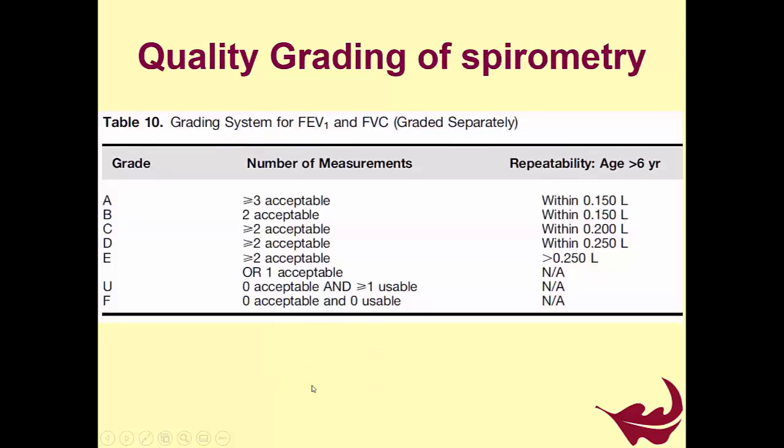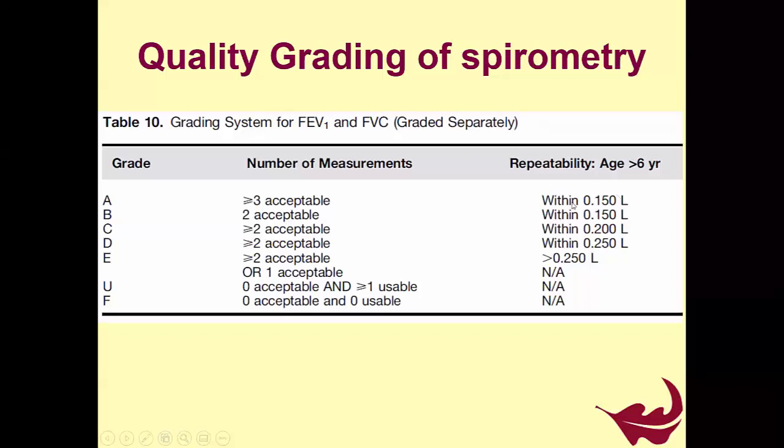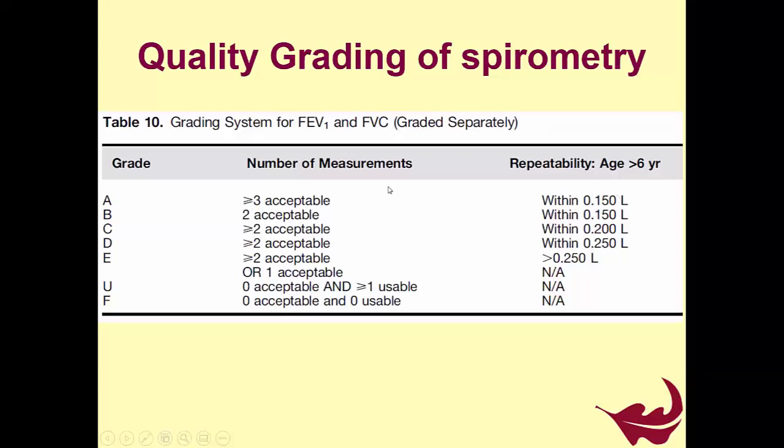The new guidelines require us to actually grade the quality of spirometry. And you can see grade A would be if you've got 3 or more acceptable and they are repeatable. So that is a grade A lung function, and that is typically what we are hunting for and see whether we can do that. B would be if you have 2 acceptable and they are reproducible. C is if you have 2 or more that are acceptable, but they're not reproducible within 150 mL.